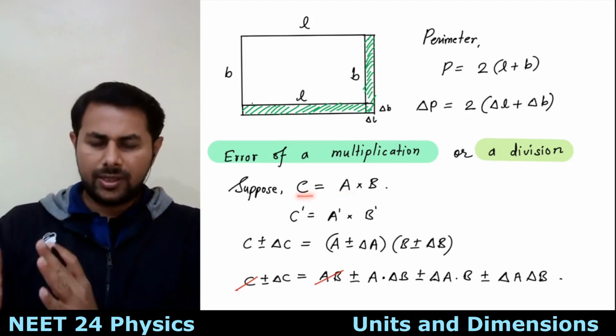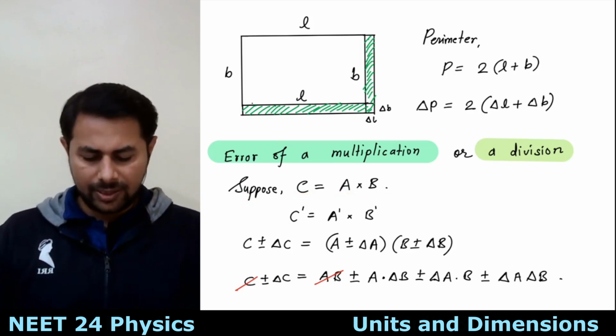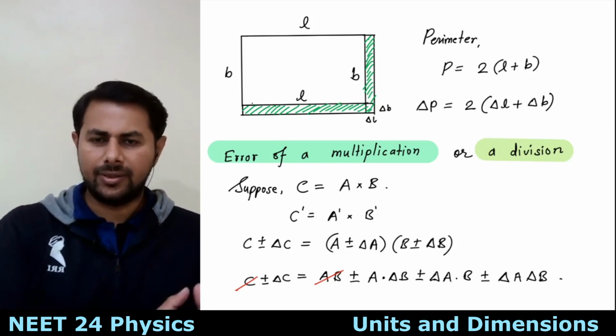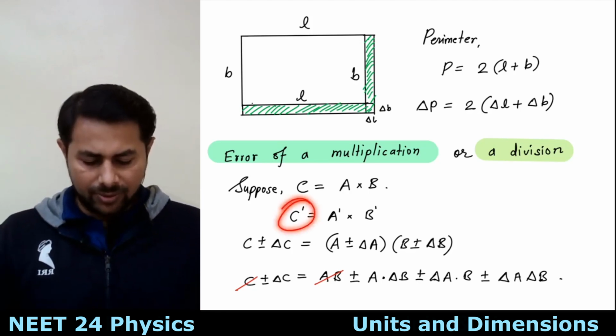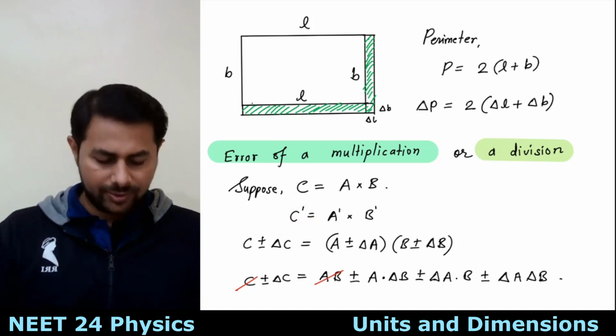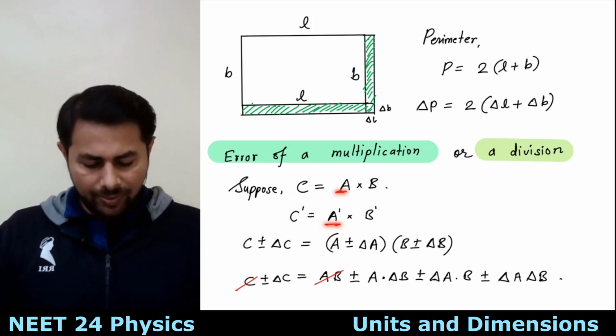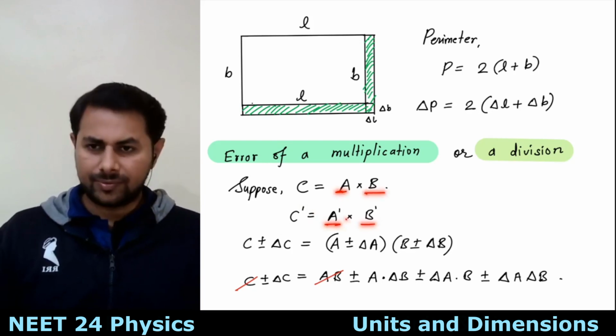So C is some other quantity. For an example, area is length times breadth, one quantity multiplied by second quantity. Then the measured value of that area or the resultant quantity would be measured value of A multiplied by measured value of B.